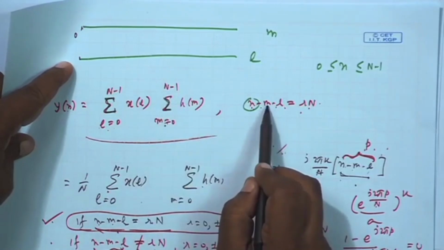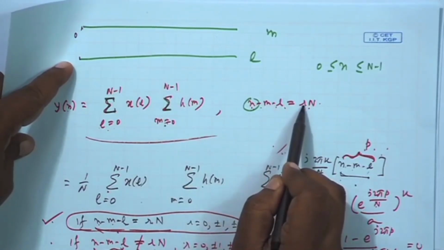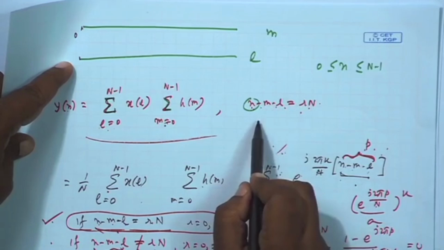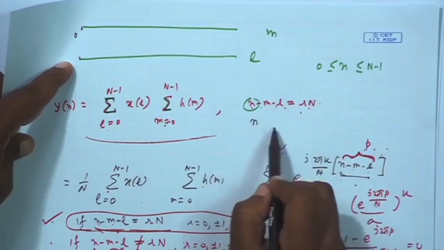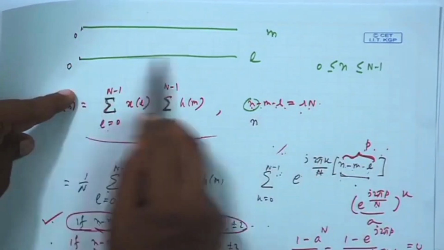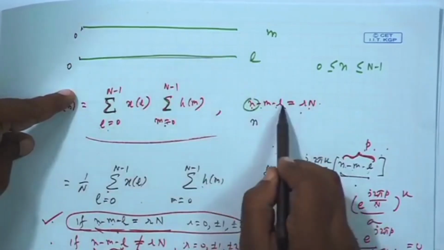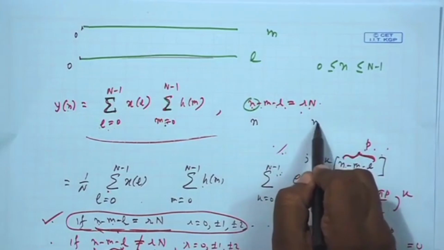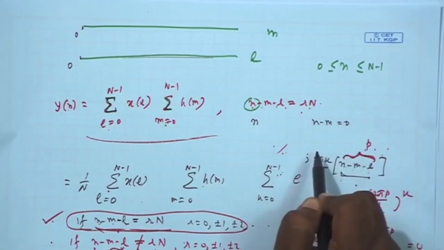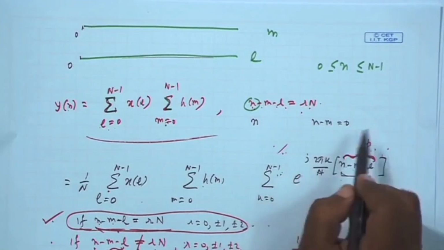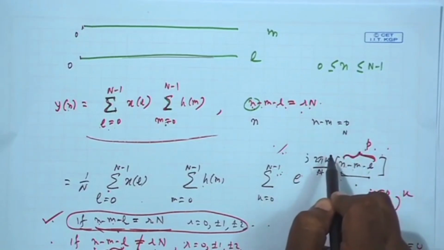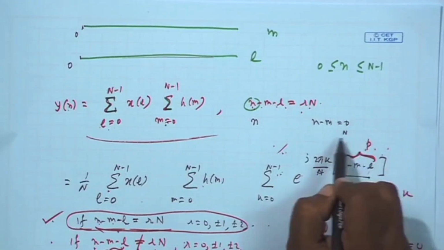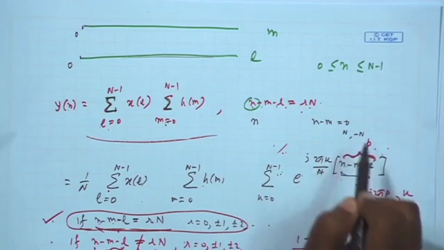Which value will be allowed? So that n minus M is either 0 or capital N, and M again varies within this range. So L is 0. N minus M either 0, meaning M equal to n, or capital N, or minus n like that.